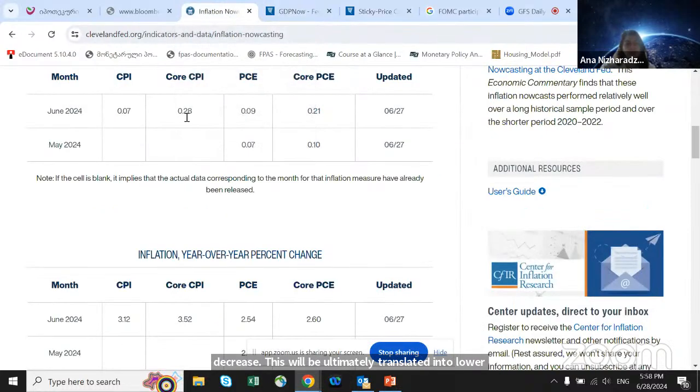And now with the new recent data for CPI and core CPI compared to the last estimates.